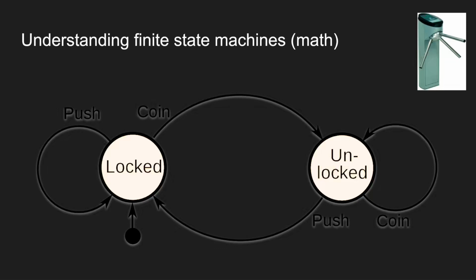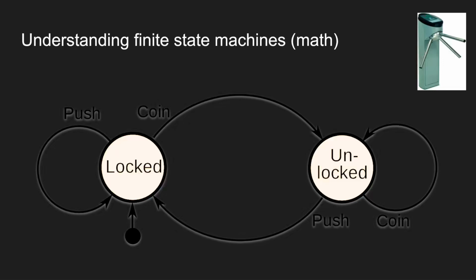So we're going to start off in the locked state. You see that big circle there on the left hand side, that is the locked state. Now, when you put a coin in, you can follow the arrow and it jumps over to the unlocked state. When you enter the unlocked state, if a coin is being put into the turnstile, you remain in the unlocked state.